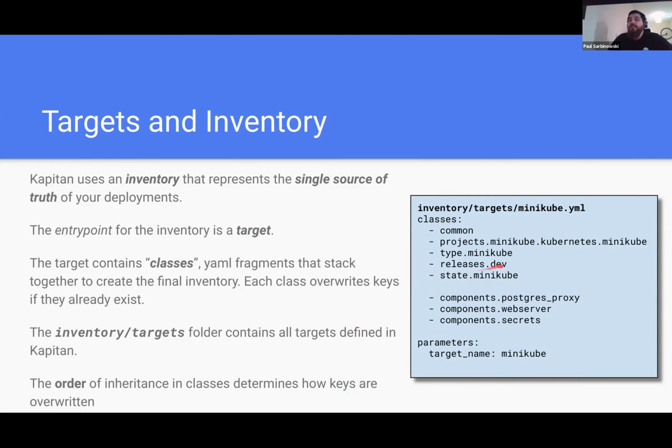So dev releases, for example, could have your Docker tag for your applications and the release tag, right? So if you want to move an environment to a newer release, all you have to do is inherit a new class which points to the correct Docker tag, for example.